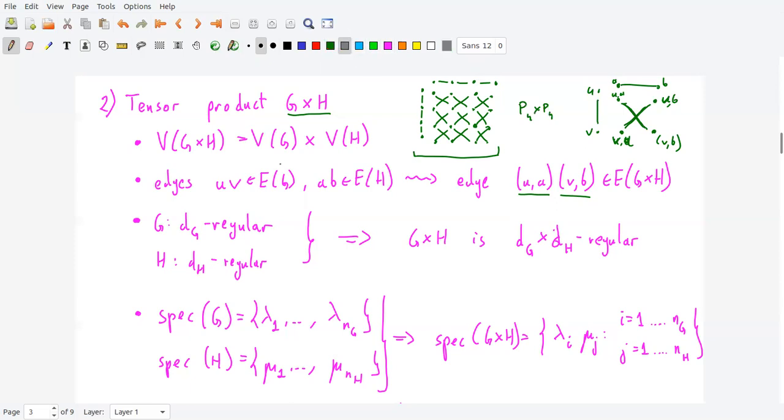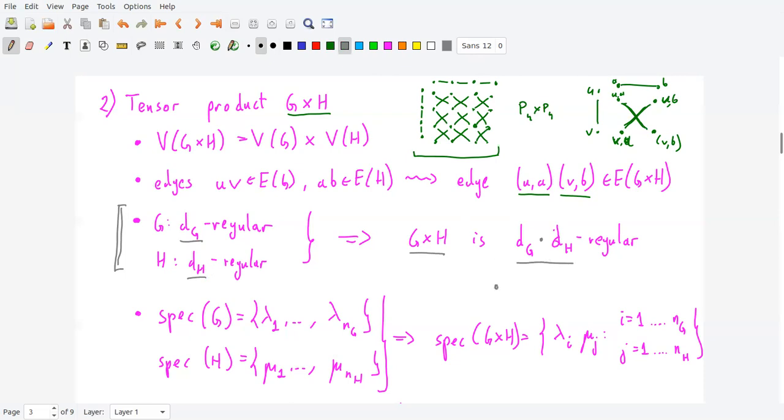So what are the spectral properties of this construction? First of all, what about the regularity? If G is, say, dG regular and H is dH regular, then you can easily see that the product is dG times dH regular. Why so?